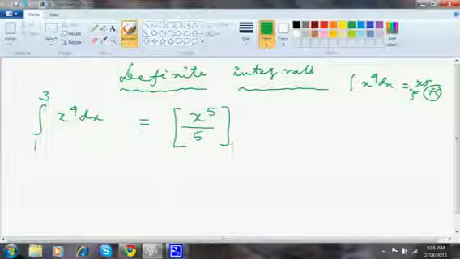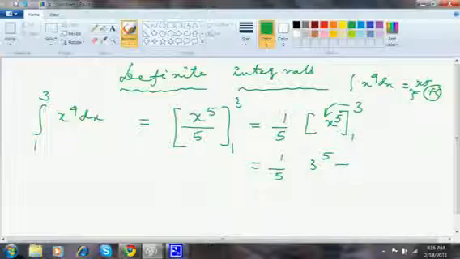Give a rectangular bracket, with limits 1 to 3. In fact, if there is a constant, it can easily come out. This is what most students do not do, so they are lost in the question. Now, finally, in place of x put 3. So this is 3 to the power 5, by 5.